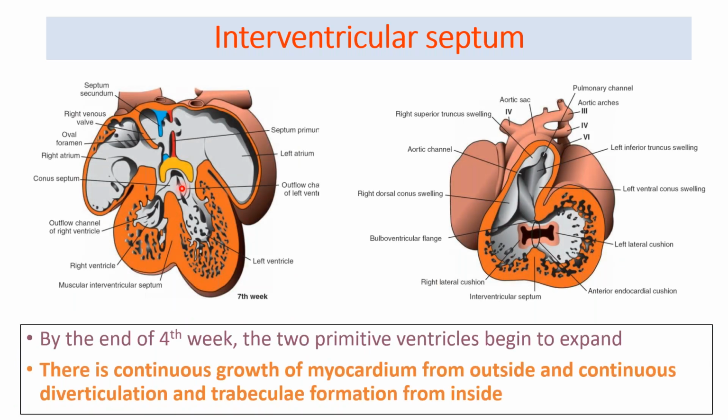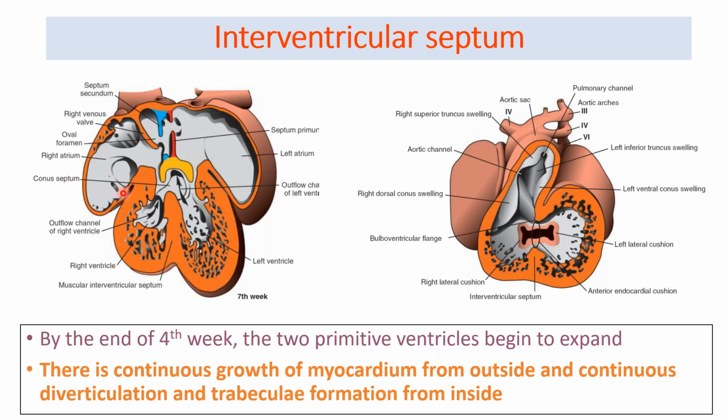In the first lecture, when we saw the different types of septum formation, in one type we said that the growing, expanding portions of the heart develop, and one portion doesn't expand, and that forms a crest-like thing or a ridge that develops into a septum. It is similar to the atrial septum in the atrial part. Similarly, in the ventricles, by the end of the 4th week, both the primitive left ventricle and the primitive right ventricle are going to expand.